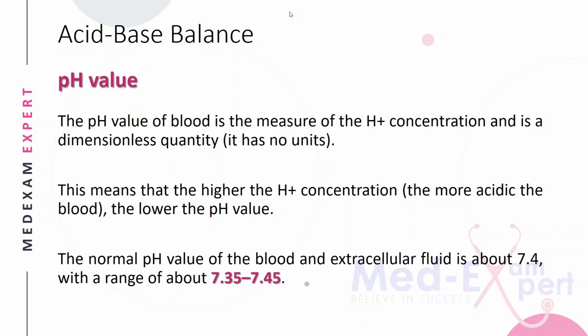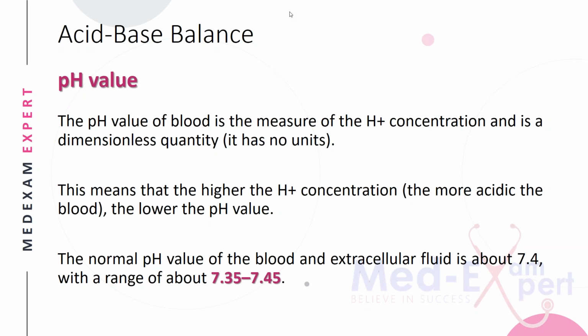And when I have more hydrogen ions in the fluid or in the blood, that means that the blood becomes more acidic, and this will be reflected as a low pH value. Of course, we have a normal pH value for the blood, which is about 7.4, or strictly speaking, a range between 7.35 to 7.45.